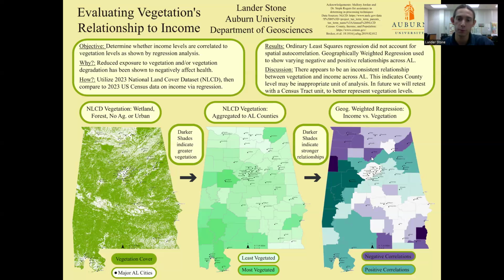And so this gave me my map down here where I found in purple negative correlations between vegetation and income, meaning that as income went down, vegetation went down, and a positive correlation where as vegetation increased, so did income.